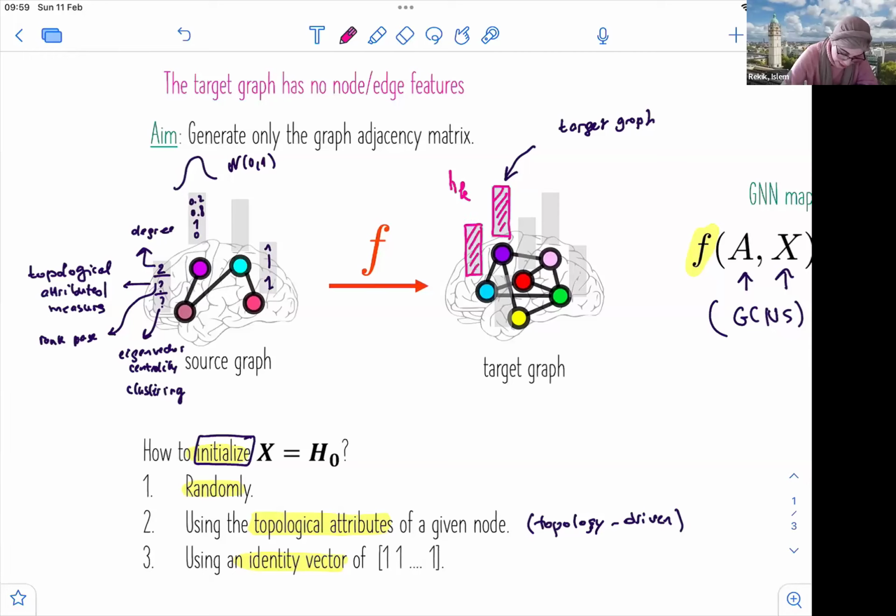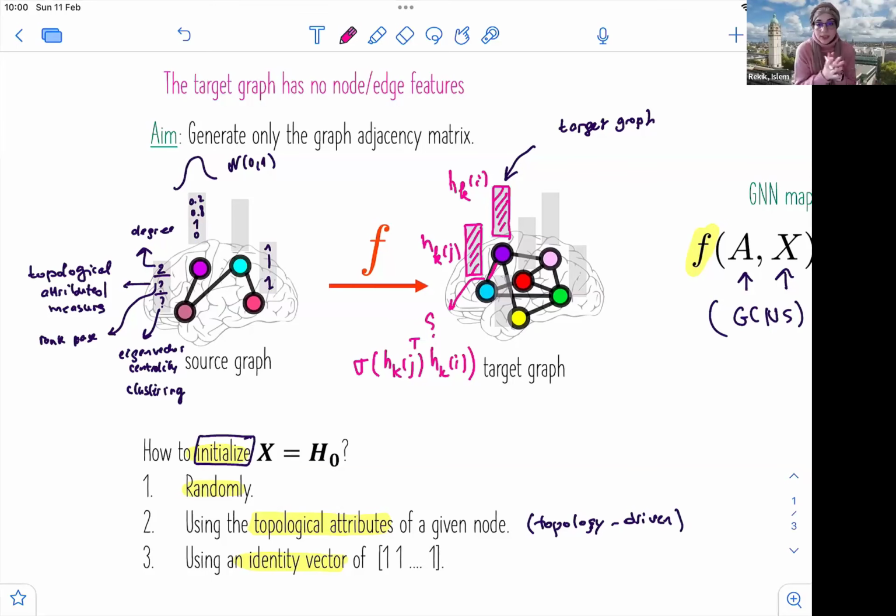If I learn the embedding at layer K of node I, and this is the embedding at layer K of node J, what we can do to predict if there's an edge between them or not is use the sigmoid function of H^K of J transpose H^K of I, and this will give us the probability of an edge existing or not existing.